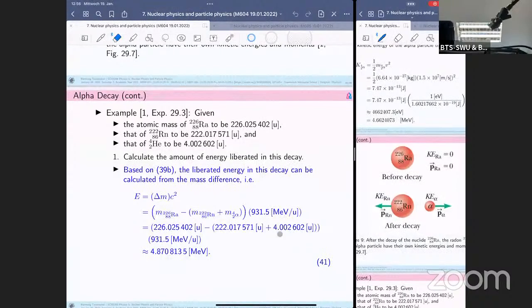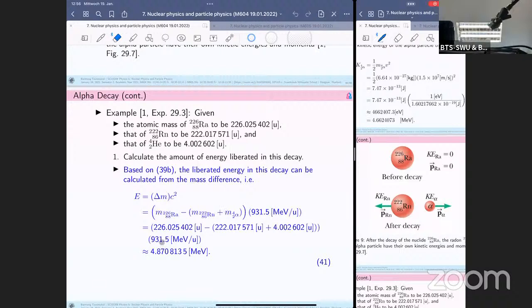The summation of the two masses is going to be 222.017 plus 4.002, which is the mass of helium or alpha particle. And you still need to multiply the difference here by 931.5.